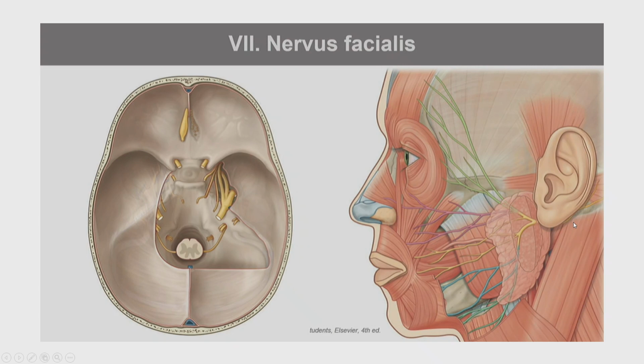The posterior belly of the digastric muscle is a suprahyoid muscle, a chapter that you have in the test, and also the stylohyoid muscle, which is another suprahyoid muscle. So this is the facial nerve.